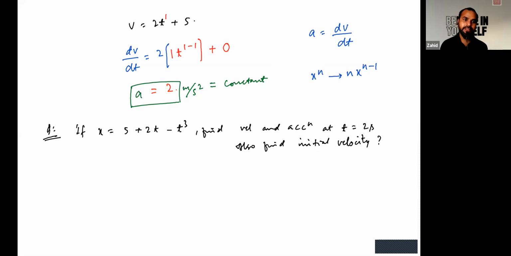First, take the differentiation. It will give you velocity. First, obtain that part.